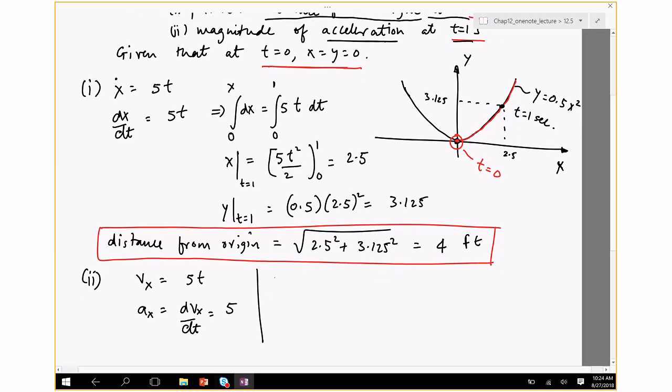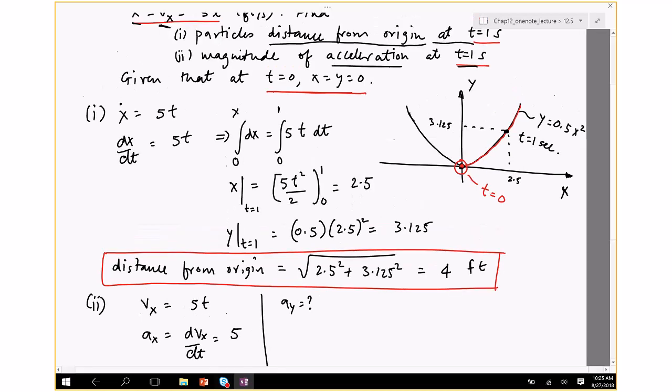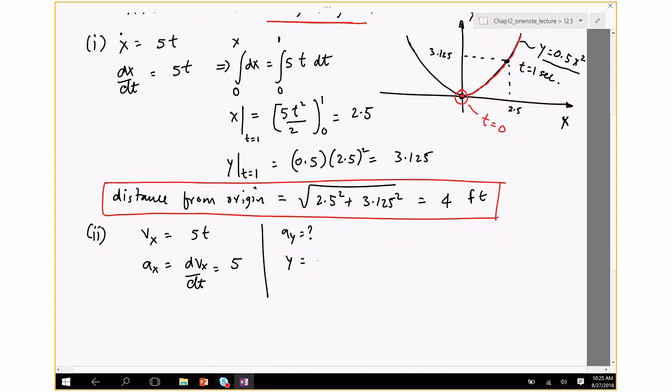I also need to find ay. How can I find ay? Take the derivative of this. Okay, so let's do that. So y equals 0.5x squared.